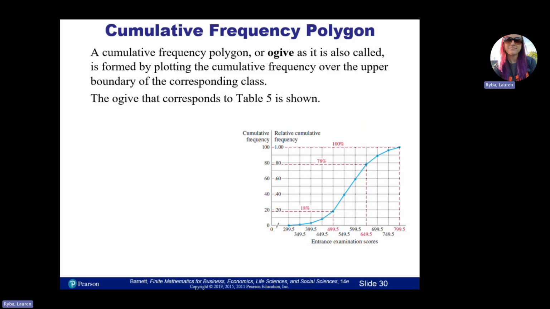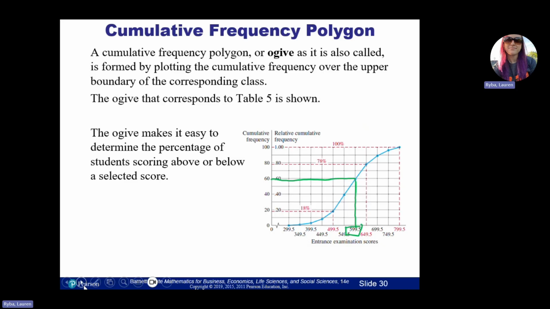So if at any point in time I want to figure out where a certain percentage is, all I have to do is find that on my axis and then go down. So like this value here is going to be the 60% value. So 60% of my data has occurred by the time I get to 599.5. And ogive, depending on how you want to say it, is another way to call this graph.